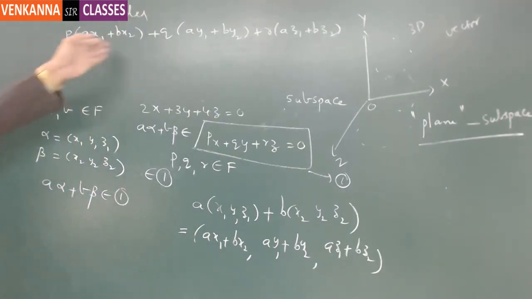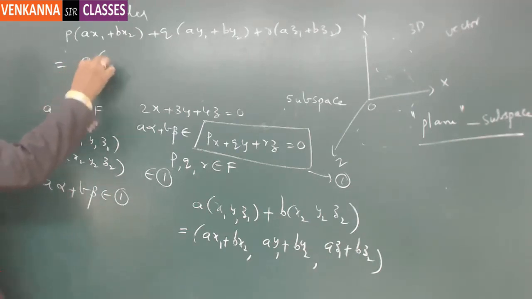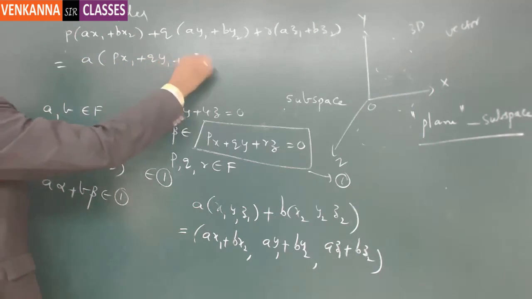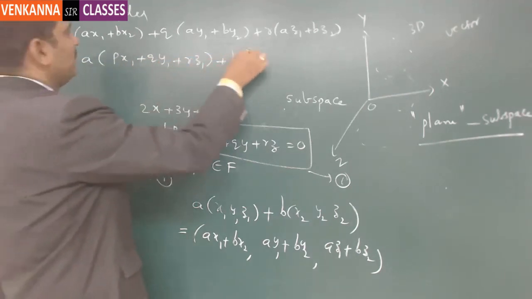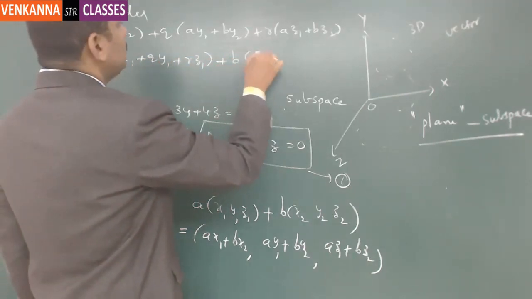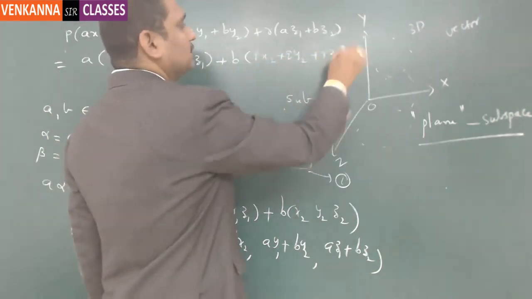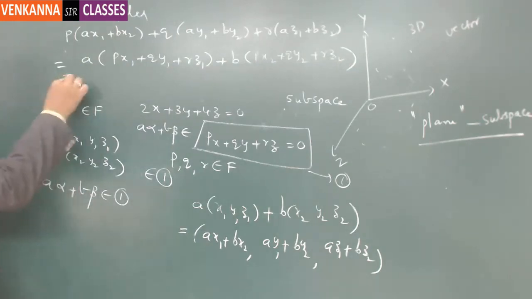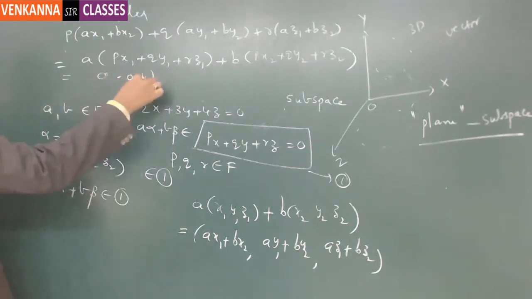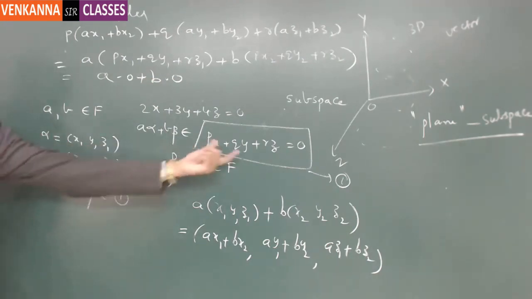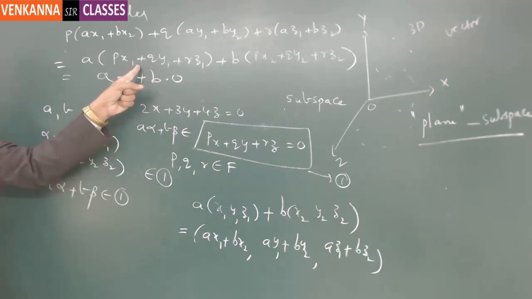So you can multiply all the values and take common. If you take a as common, it is nothing but a(px1 plus qy1 plus rz1) plus b(px2 plus qy2 plus rz2). So this is nothing but a into 0 plus b into 0. Because x1, y1, z1 is a point on this plane, it satisfies the plane equation, hence it is 0.